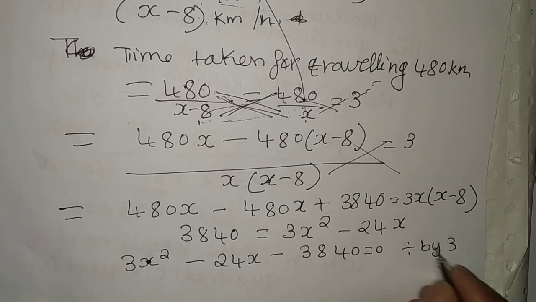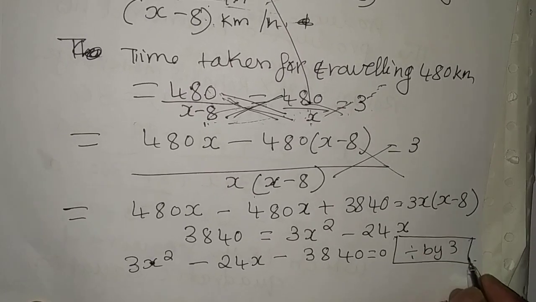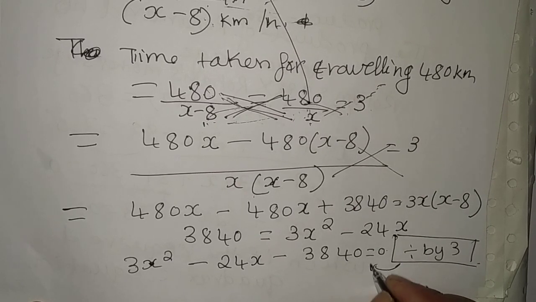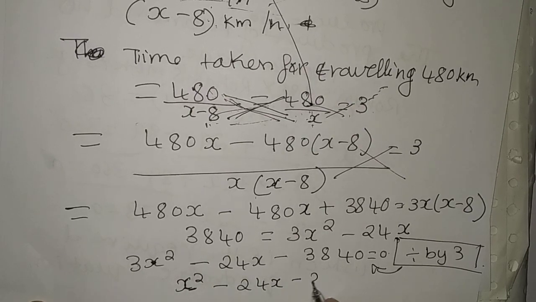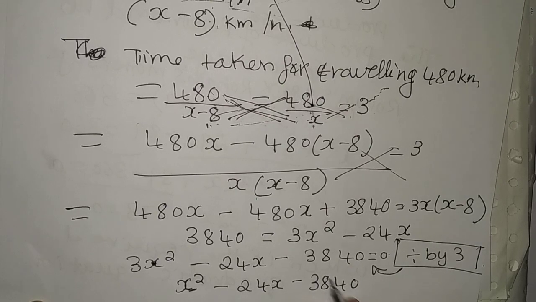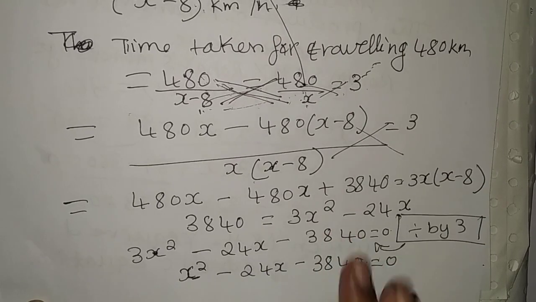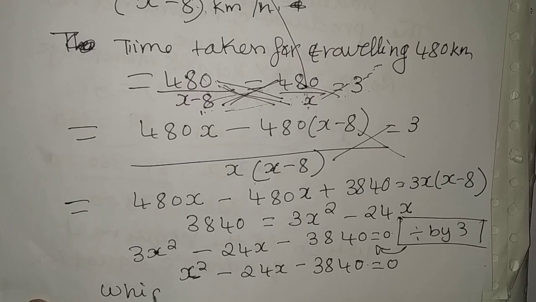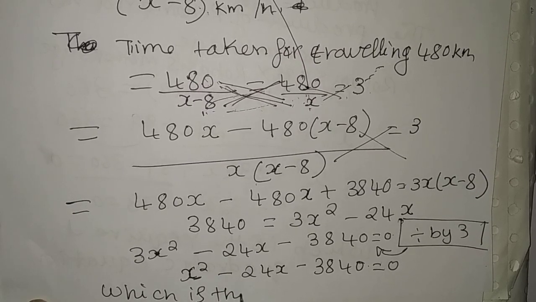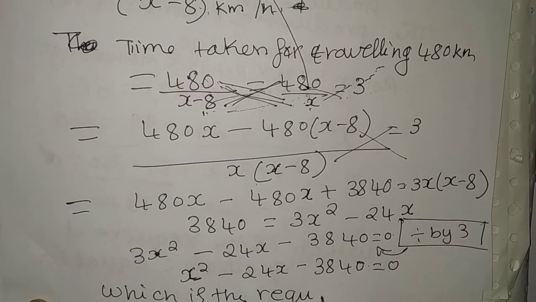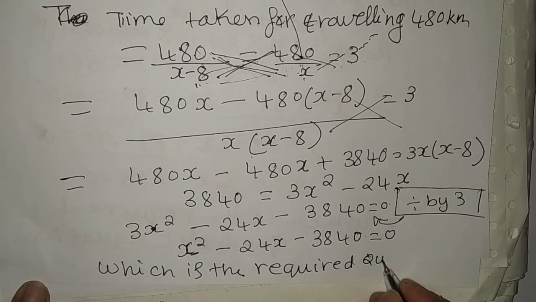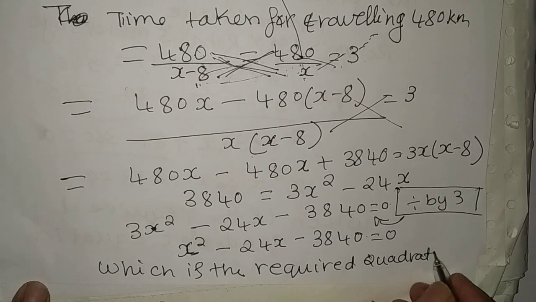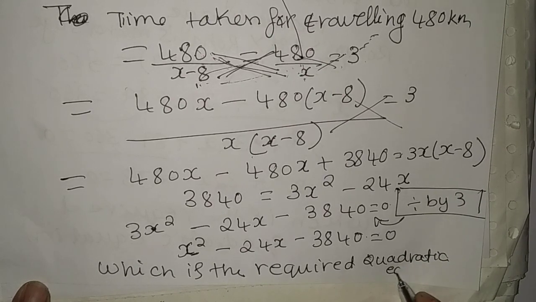If we divide by 3, this expression becomes x square minus 8x minus 1280 is equal to 0, which is the required quadratic equation.